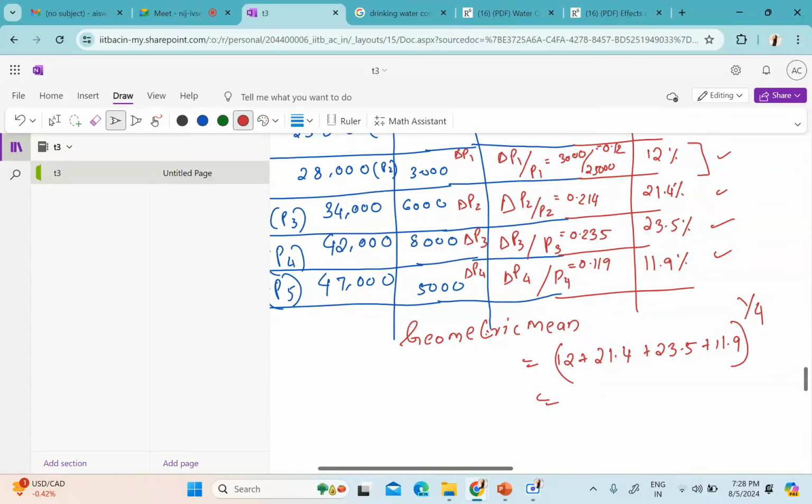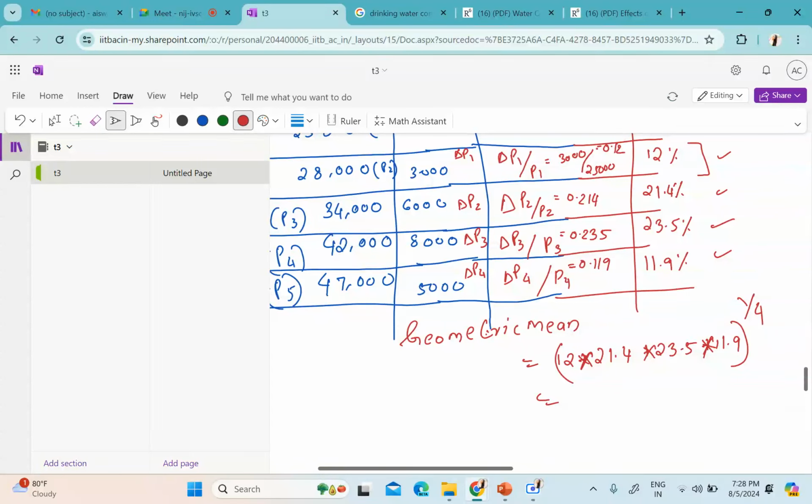Yes, to the power 1 by 4. Sorry, it is multiplied. Yes, it's multiply.